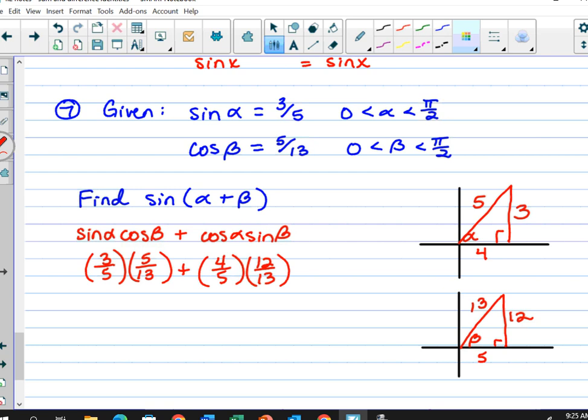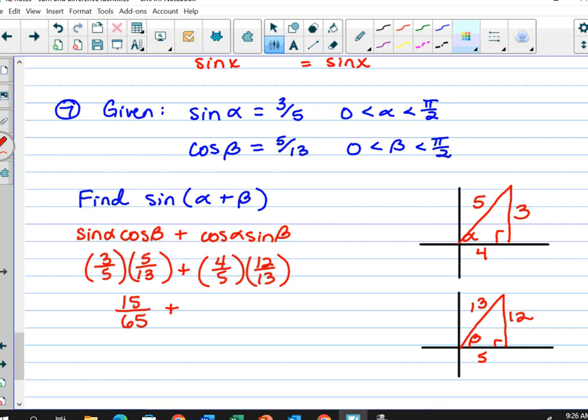And now we math. So what's 3 times 5? 15 over what's 5 times 13? 65. That's too chunky. Now, you could reduce that, but we have to add fractions and we need a common denominator, so don't reduce at the beginning. It's one of the rare times where I'll say don't reduce right away.